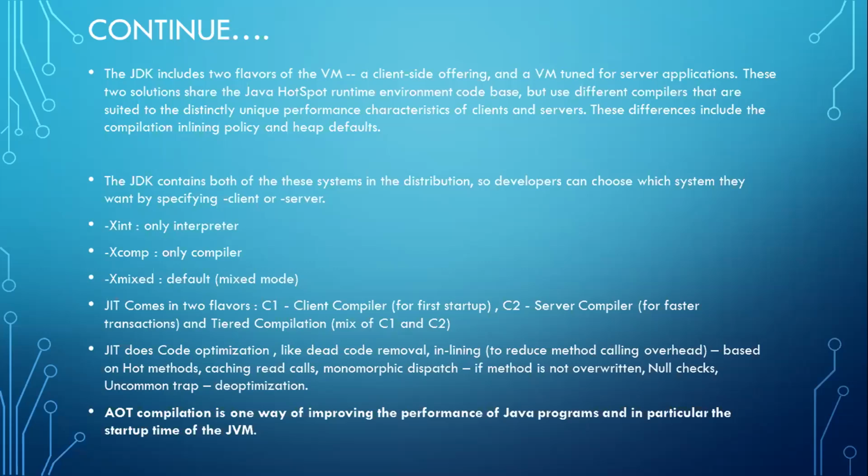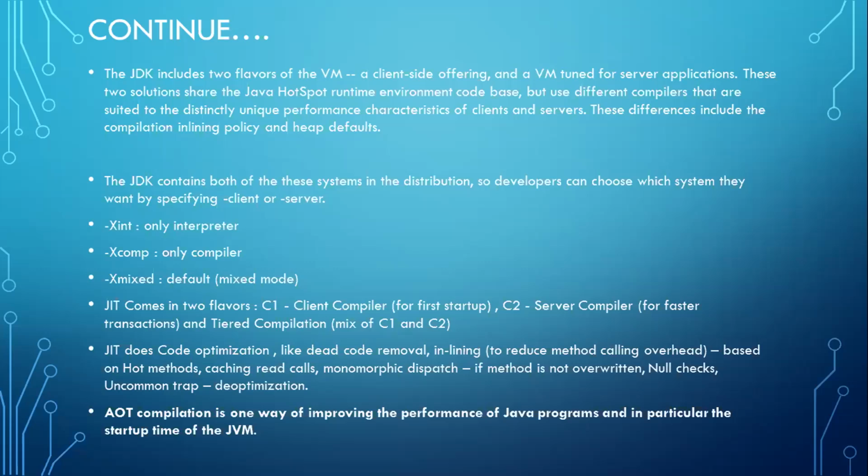C1, the client compiler, is meant for those applications which need to start very fast. Like you probably heard of gaming software, right? If the UI rendering is slower, what would happen? You will not get a seamless experience, right?